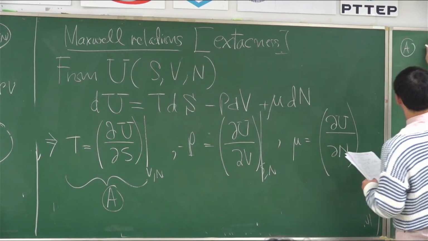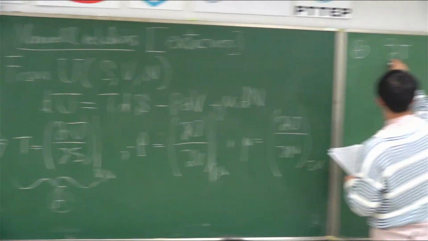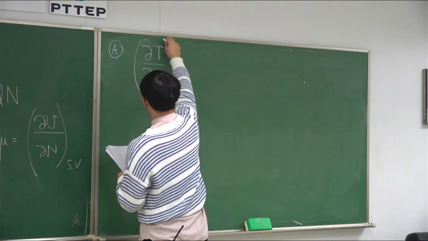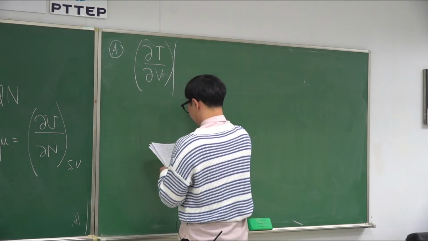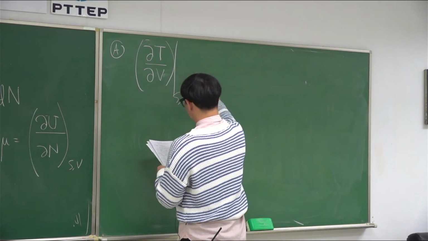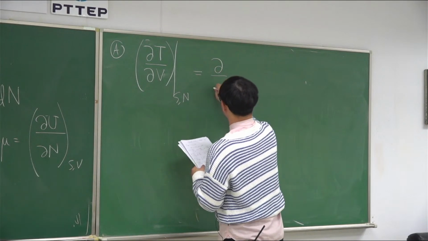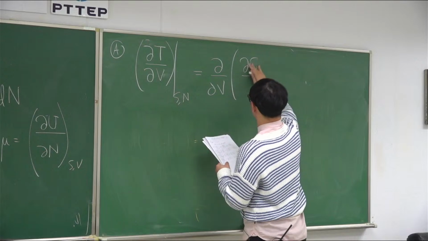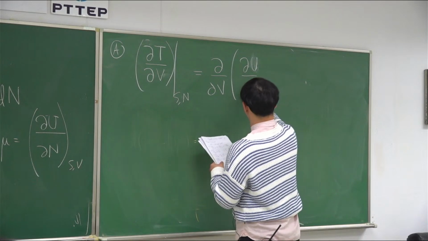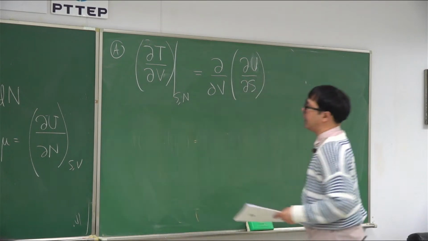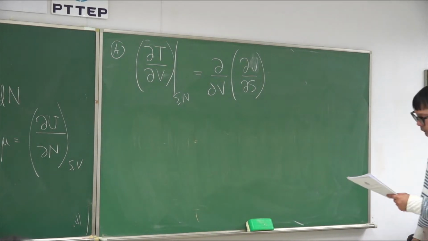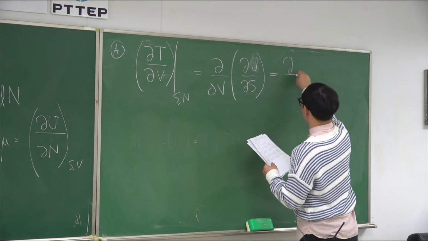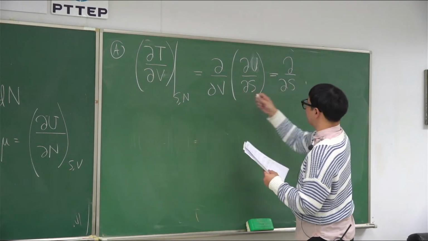So from A, if you look at derivative with respect to the V, right, and then it means that U and S here, right, is interchangeable.